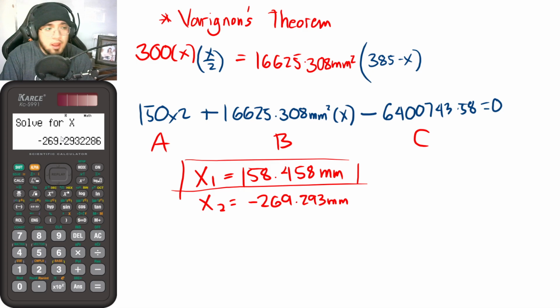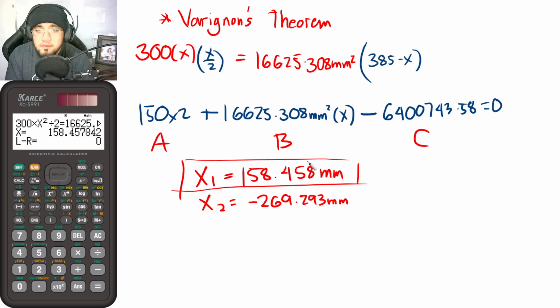So for example, if I would be typing 158, of course it would arrive at this particular answer, since 158.458 is nearer to 158 than negative 269.